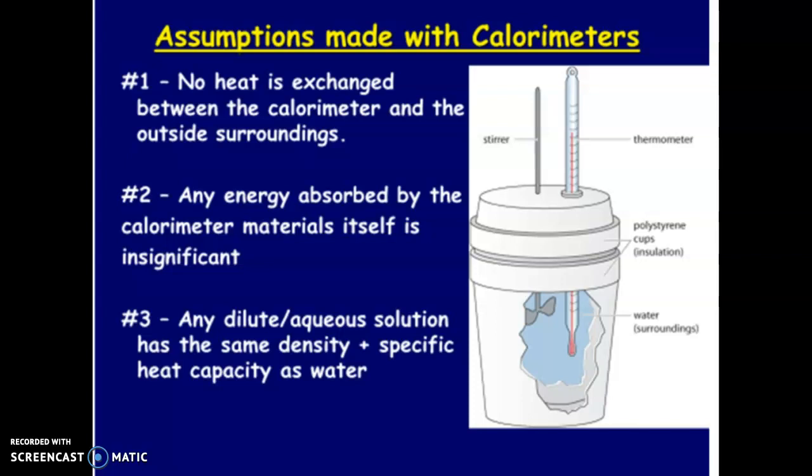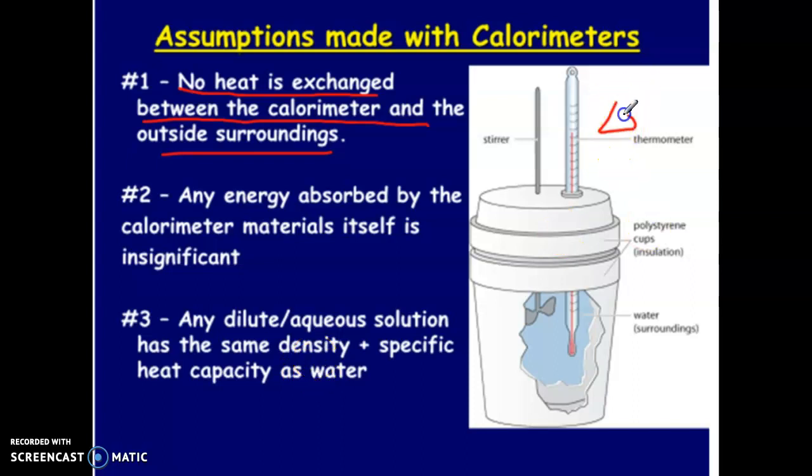Okay, so some assumptions that have to be made when you're using calorimeters, I did mention this before. So the first thing is you have to assume that there is no heat exchange between the calorimeter itself and the outside surrounding. So meaning the air or your hand, if it's touching the cup, or the cup itself, you're trying to assume that there is no energy being lost going in or out that way.